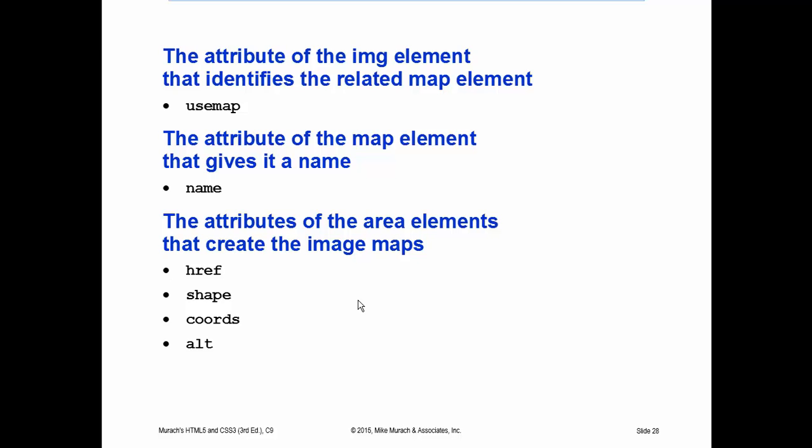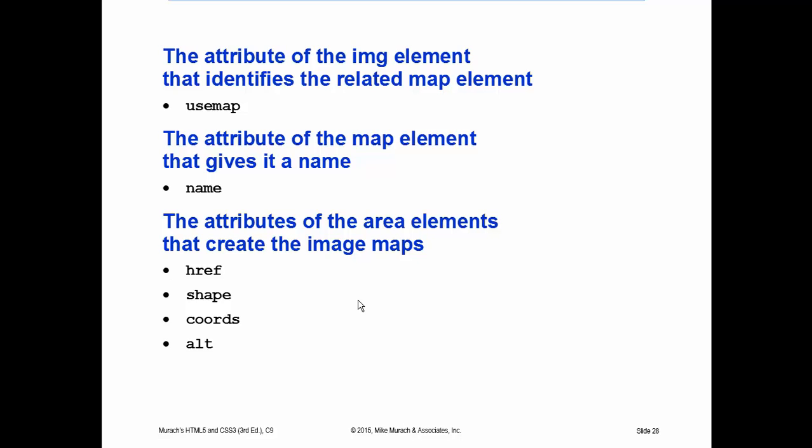The value of this attribute is the value of the name attribute for the map element that's preceded by a pound sign. The name element provides the name for the map. The href specifies a relative or absolute URL that identifies a page that will be displayed when the area is clicked.